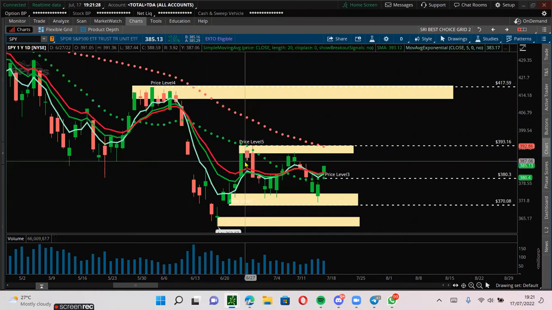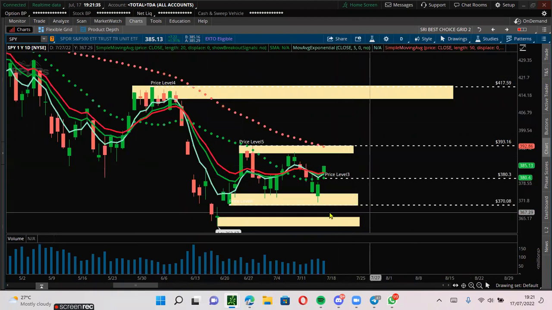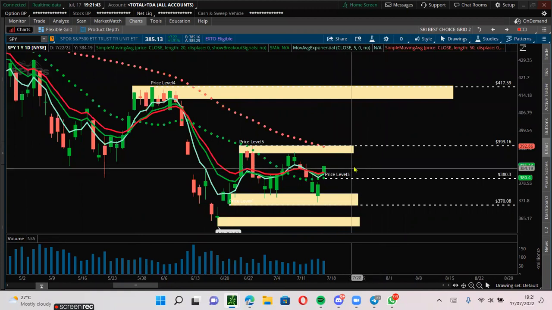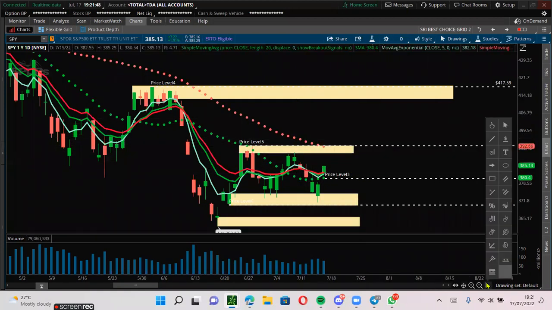We are now continuously trying to go sideways. Are we going to break above this level or break down? We don't know yet. So we are going to forecast now: what is the current trend and what are we going to expect? It all depends on the earnings season.